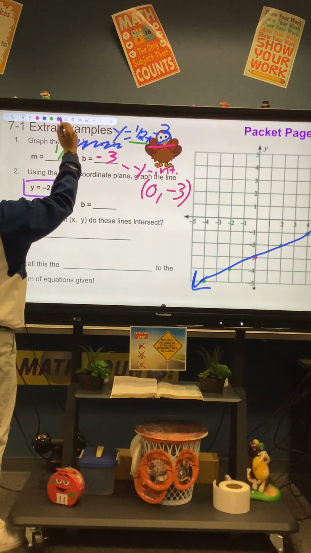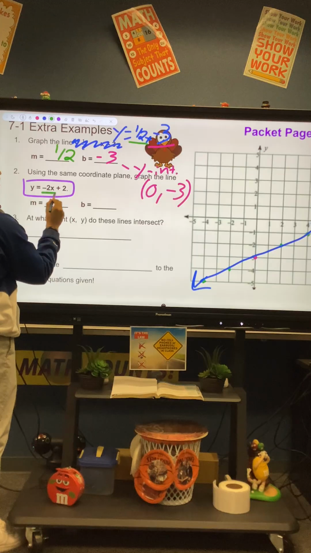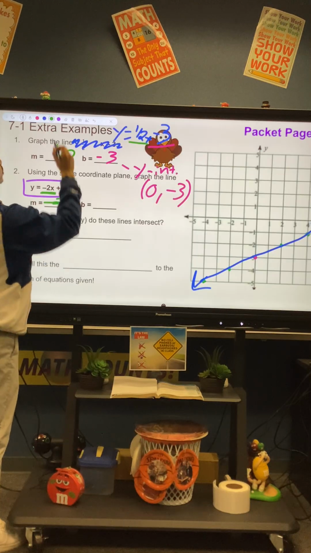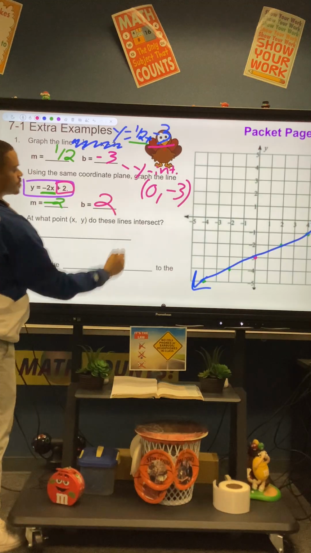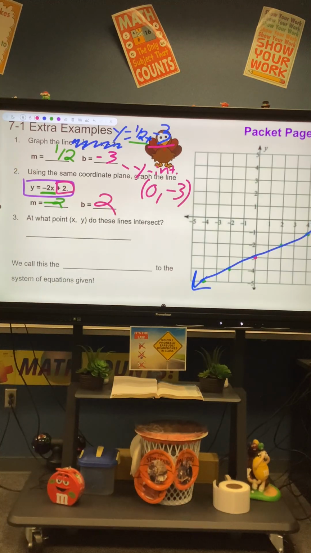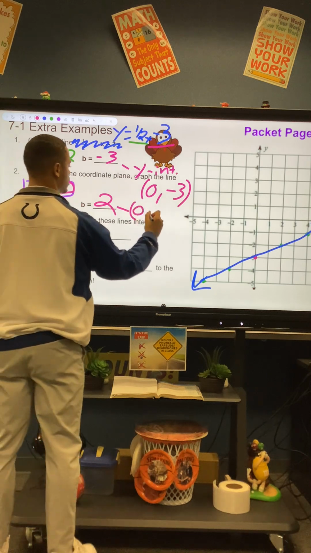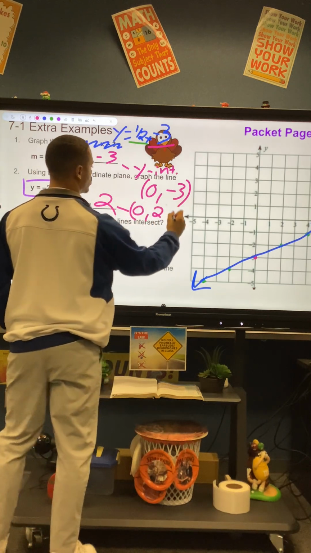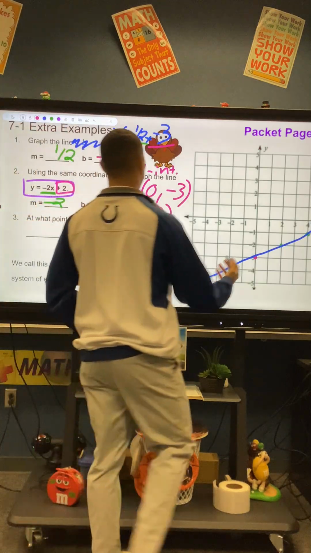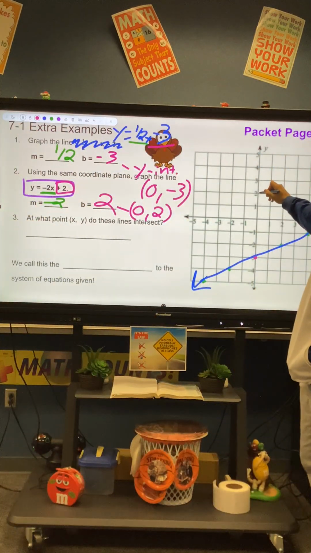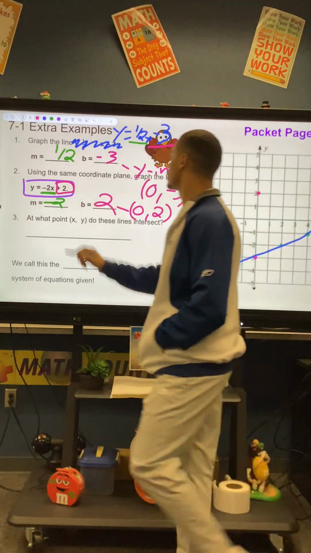For this equation, same thing. I said B, I meant my M value. So my B value is a +2. B value being my y-intercept, that tells me that I'm going to have a point at 0, 2 on my graph. So I go to my graph, I'll go to 0, 2, I'll put a point right there.